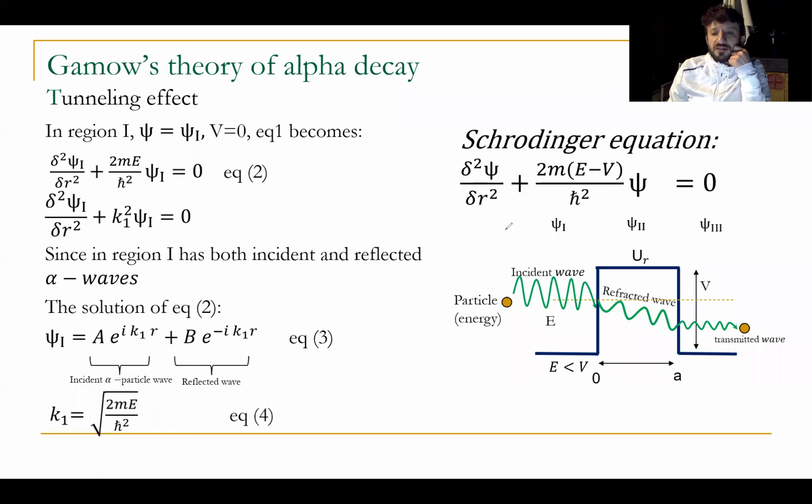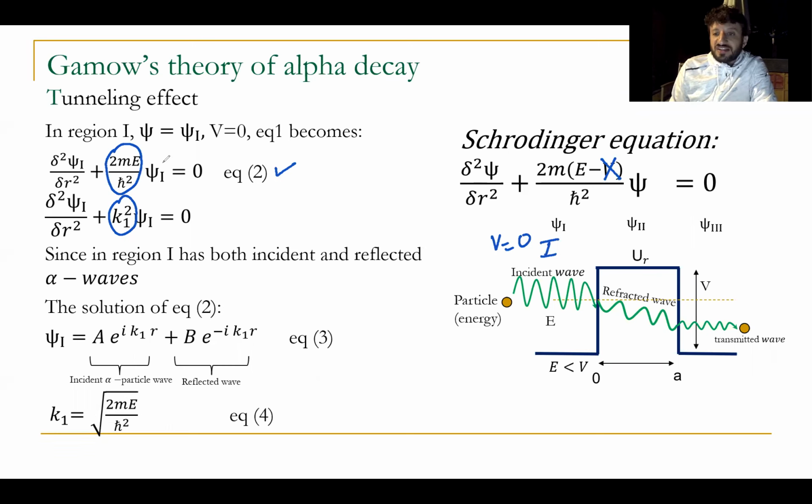Here in region 1, we have V equals 0, so we can eliminate V. We get this equation. We can say 2mE divided by h square equals k1 square, so k1 equals the radical of 2mE divided by h square.